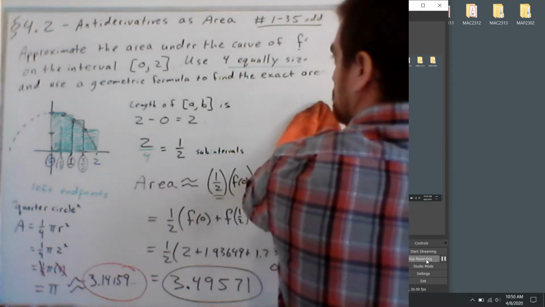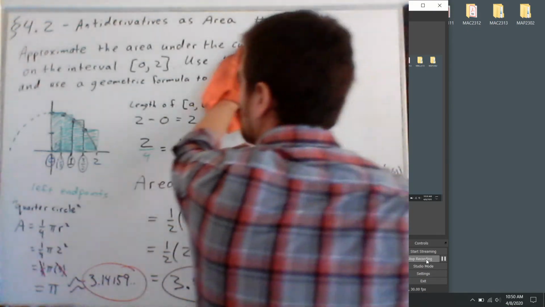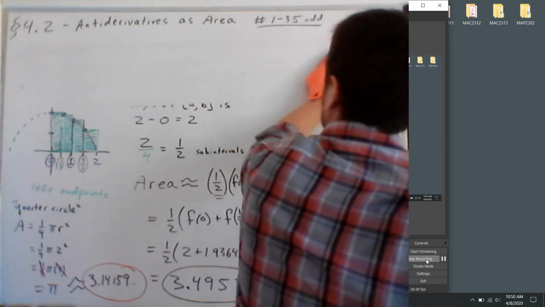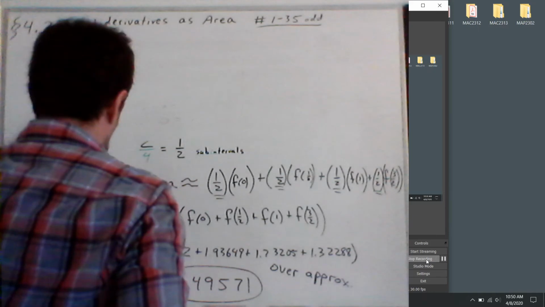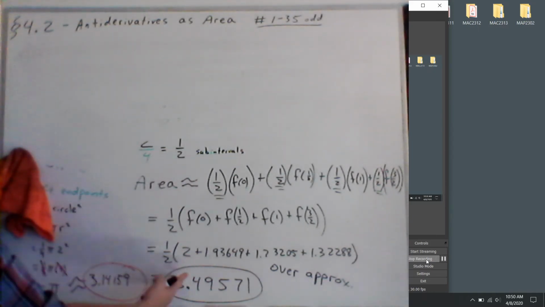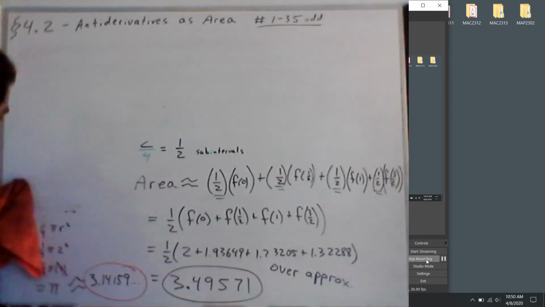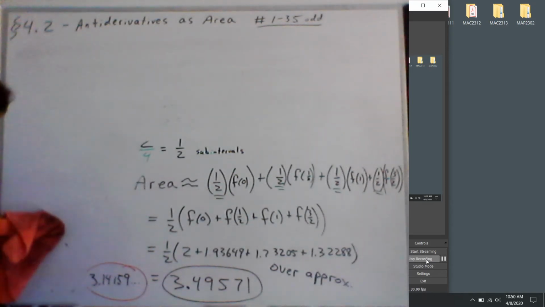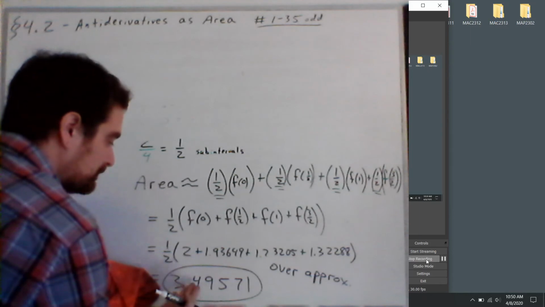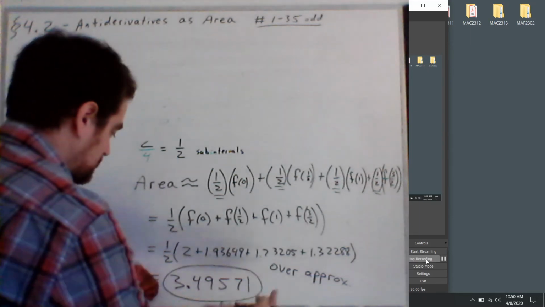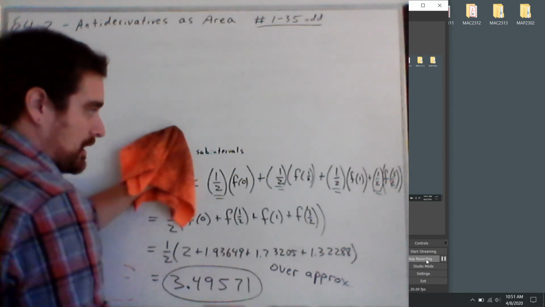So we did the 4 subintervals, and then we used our geometric formula to get the exact area. So we can see we were close. And if you do the same process with the right endpoints instead of the left endpoints, and you get all your rectangles underneath that upper half of the circle, you'll see that this number will be too small. It might be like 2.7 or something like that. It'll be an under approximation.